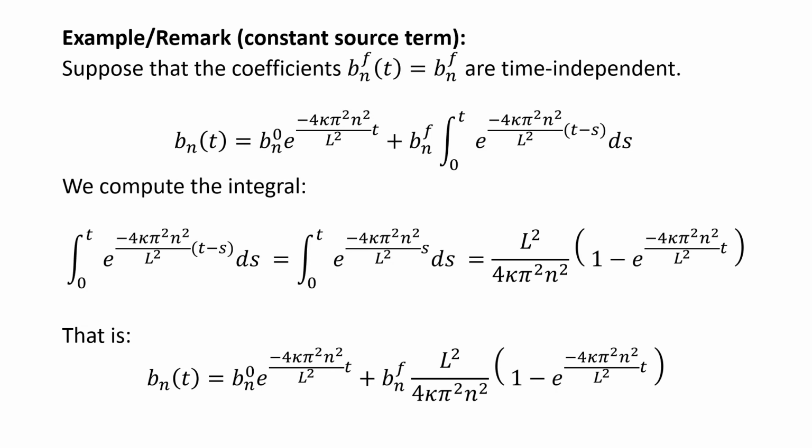Recall that b_n(t) equals b_n0 times the exponential of negative κπ²n²/L² times t, plus b_fn times the integral from 0 to t of exponential negative 4κπ²n²/L² times (t minus s) ds.